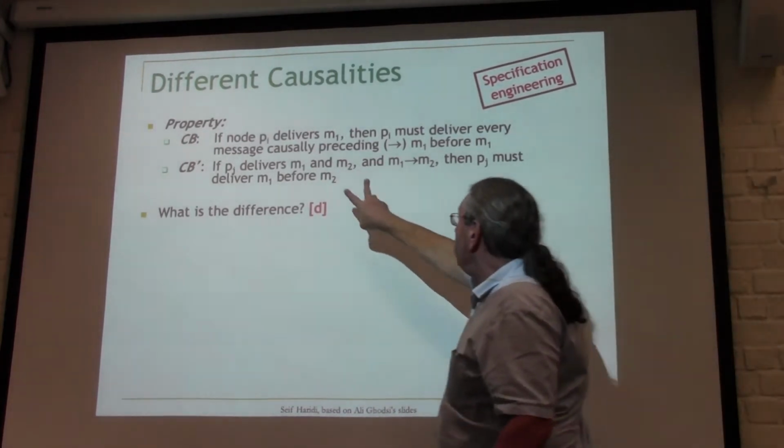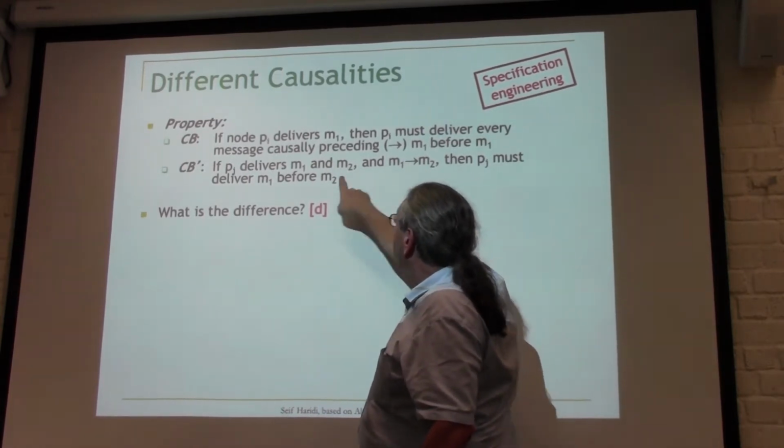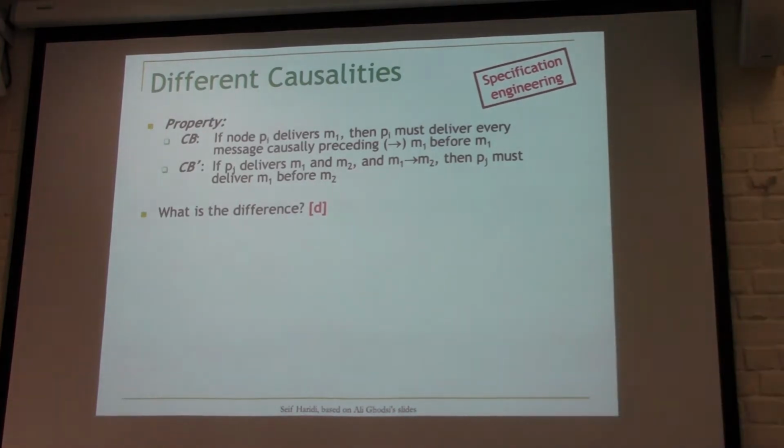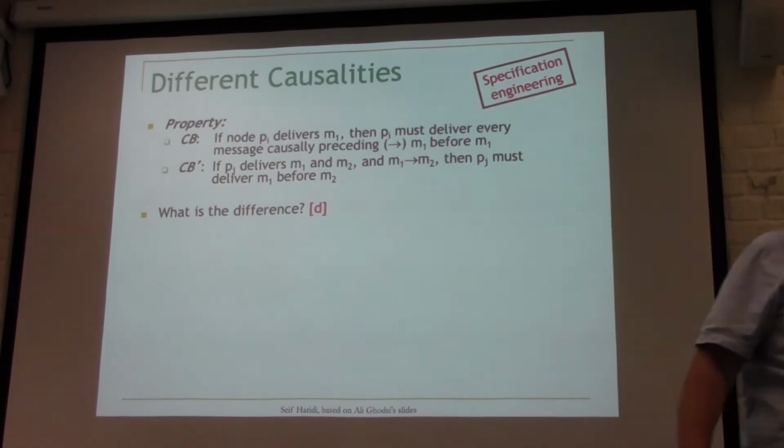Okay, so Pj delivers both, and there's a causal connection, so it must deliver in this order. So that's slightly different. But now I want to compare these two. How are they different exactly? Okay, what's the difference?